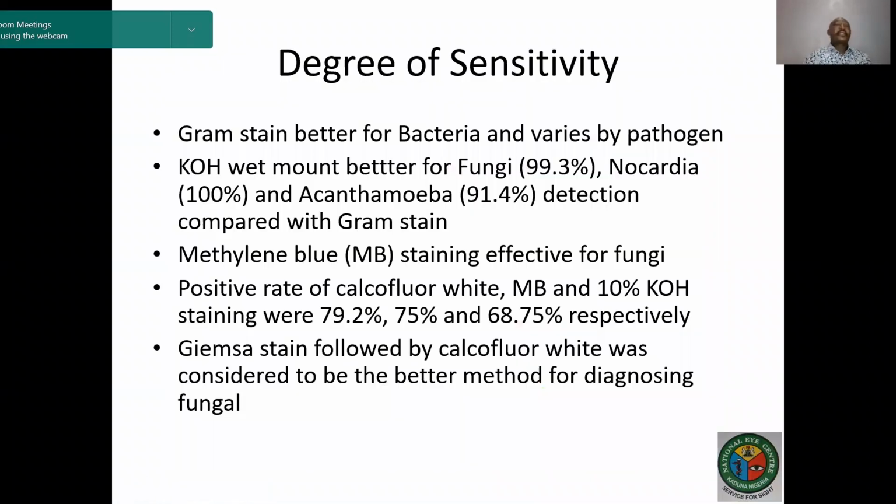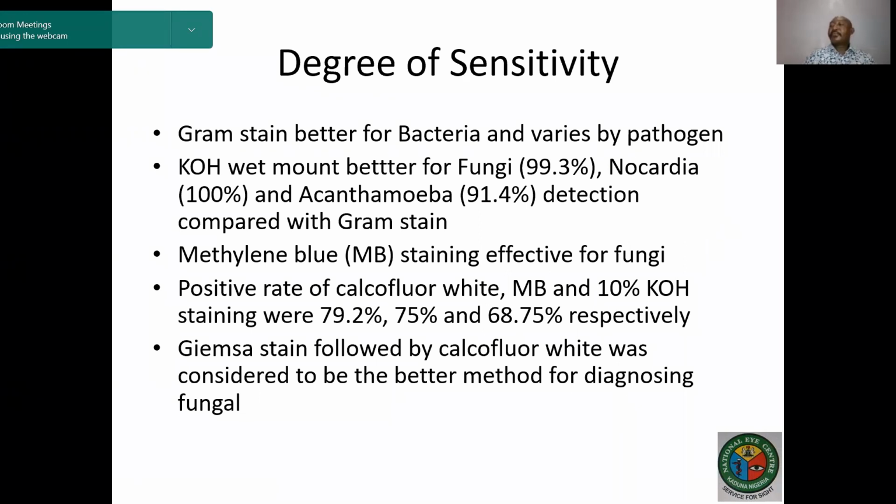Now, the degree of sensitivity of the various microscopy methods we use has been well documented. Gram stains certainly are better for bacteria, and the Gram stain also has different degrees of sensitivity for different pathogens.